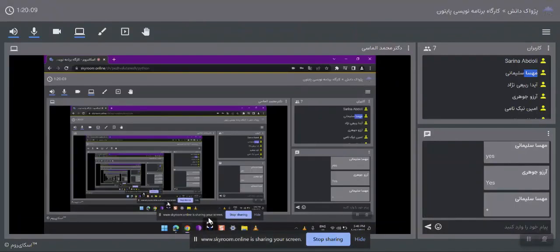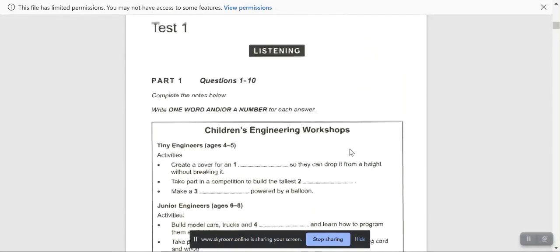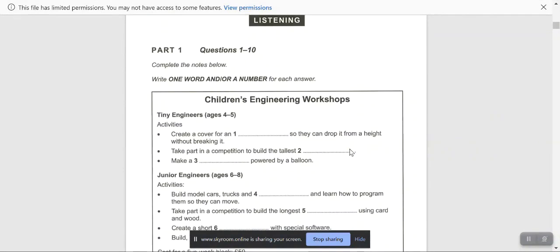IELTS 16. Published by Cambridge University Press and Cambridge Assessment English 2021. This recording is copyright. Test 1. This is the IELTS listening test. You will hear a number of different recordings and you will have to answer questions on what you hear.